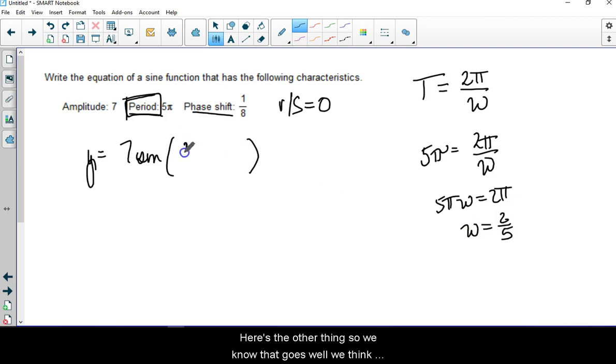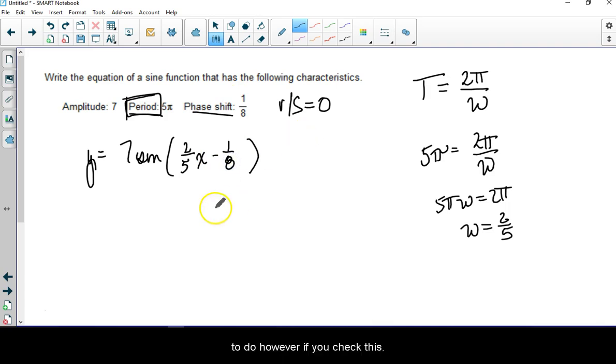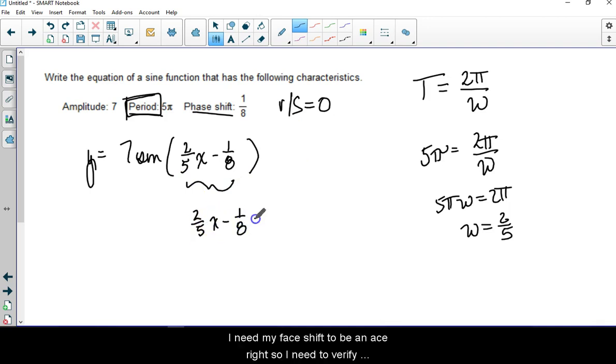Here's the other thing. So we know that goes, well, we think we know, right, that it goes here. And then it says, oh, phase shift, 1/8. Okay, so that's positive, so it needs to be negative in here, right? This just seems like a reasonable thing to do. However, if you check this, I need my phase shift to be 1/8, right? So I need to verify that this is what's going on.